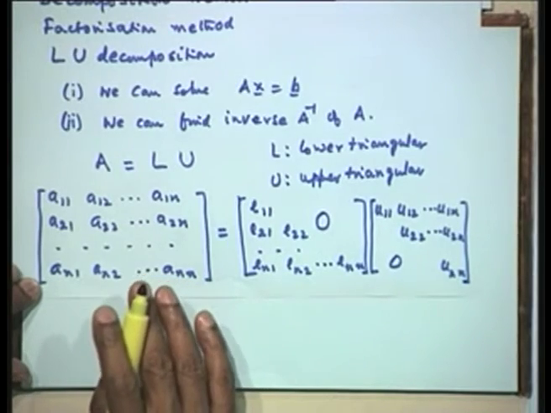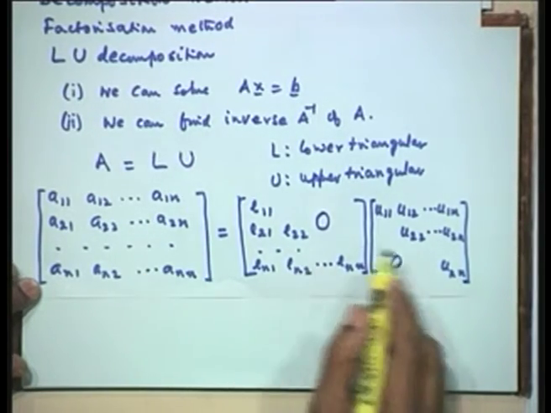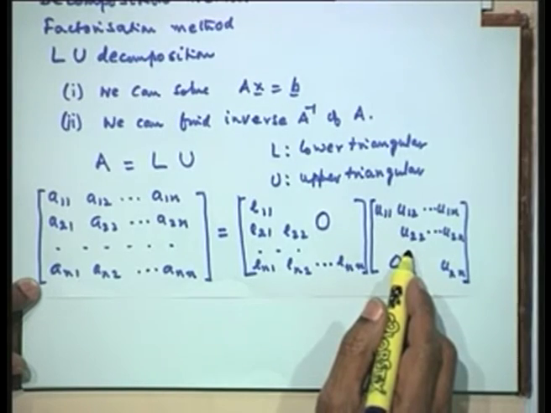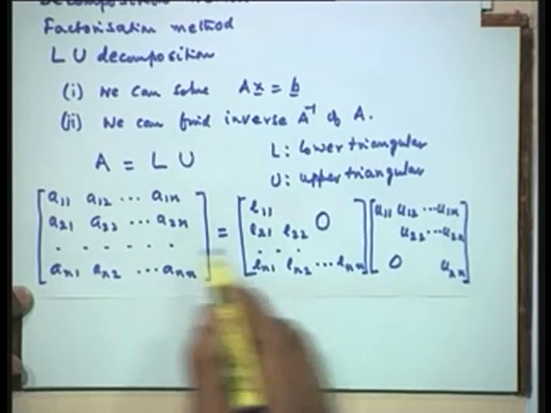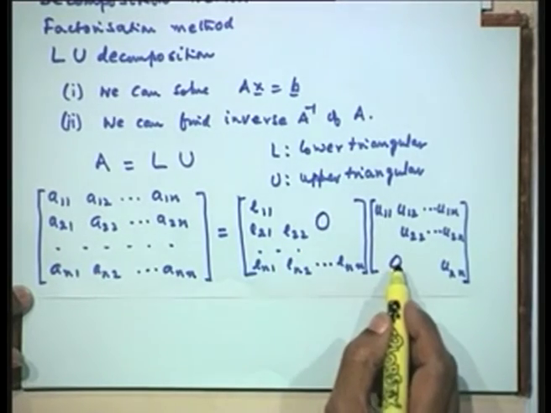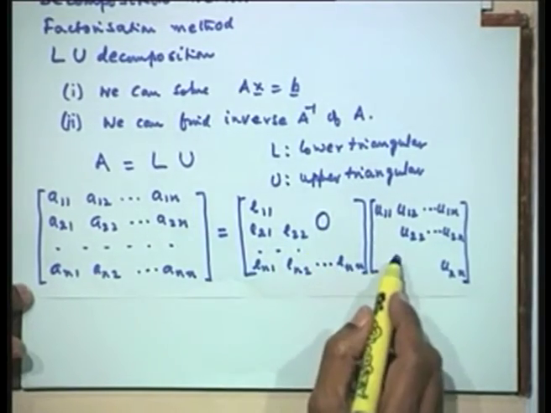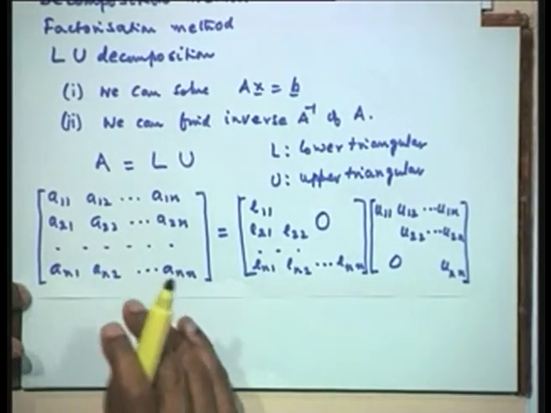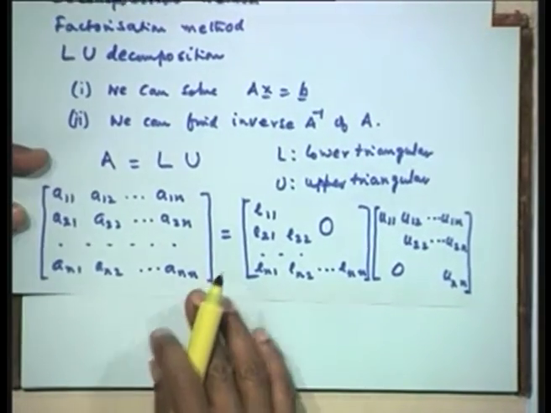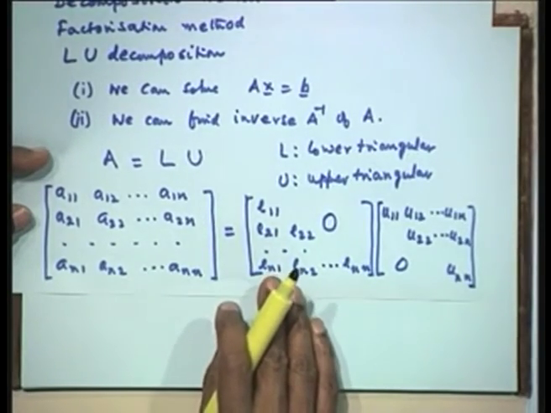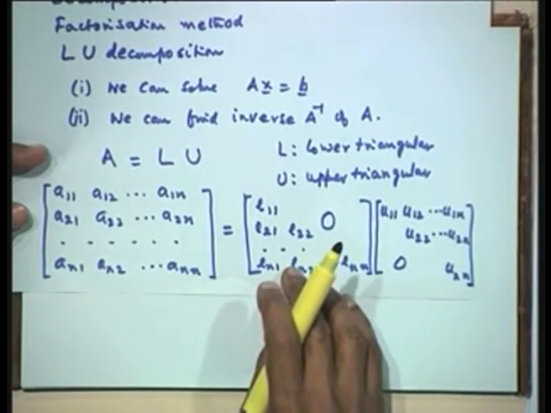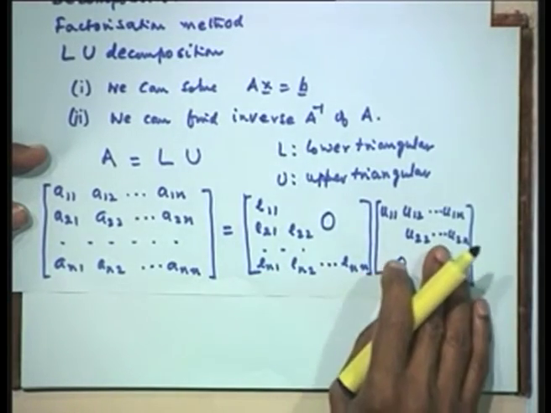The idea behind the procedure is simply that we multiply the two matrices on the right hand side, compare with the elements on the left hand side, and then obtain the solution. Before we do that, let us look at the number of unknowns so that some simplification can be made, and the computation of Lij's and Uij's becomes very simple.